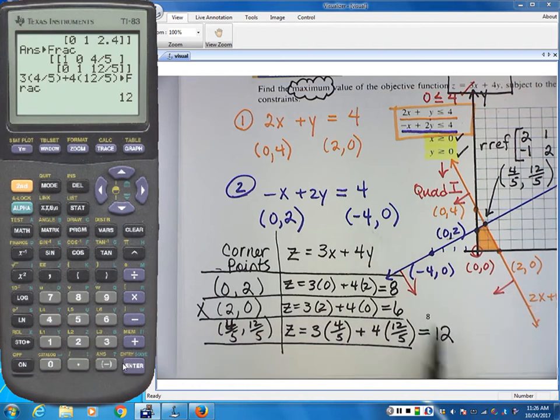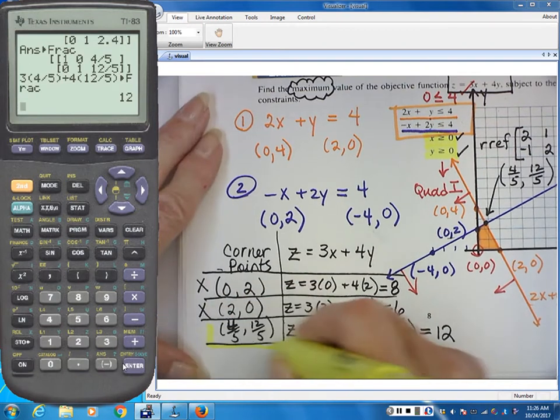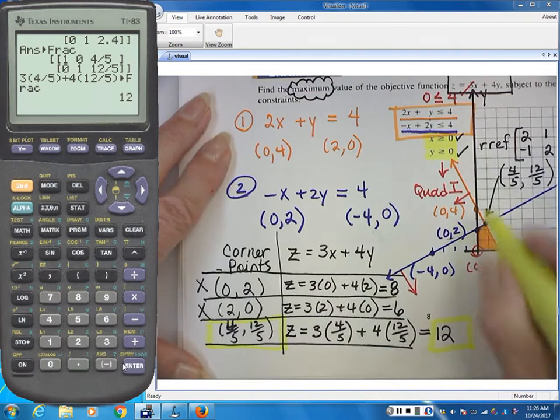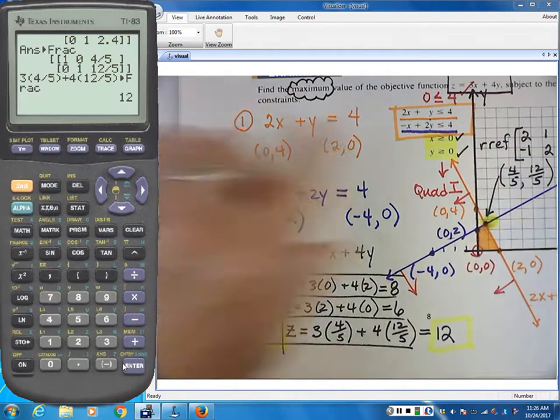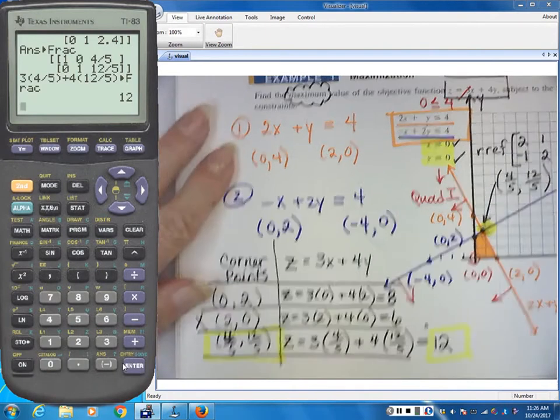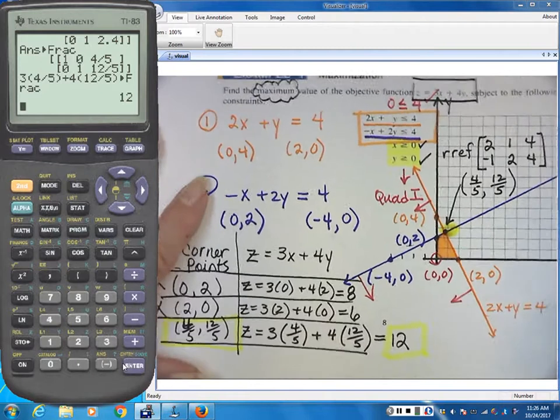And since 12 is more than 8, we now know that our maximum is reached at that corner point. So this is the corner point that will maximize our objective function. Let's see where I can put this so I can write that down.